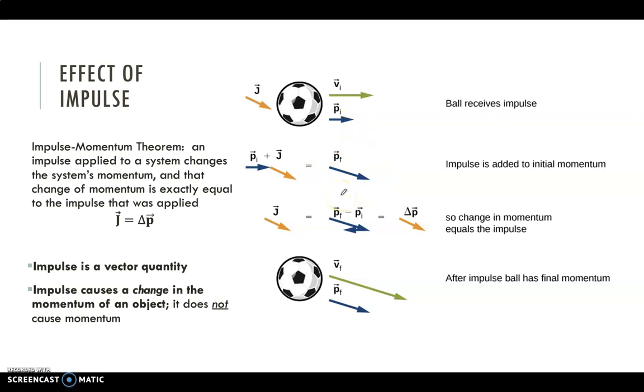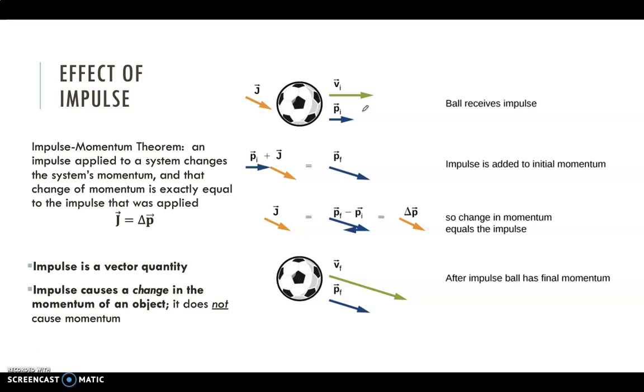This really just means the change in momentum, or p sub f minus p sub i, is equal to impulse. After that ball receives some impulse, we have some final momentum that is different than its initial momentum, and the same goes for the velocity.